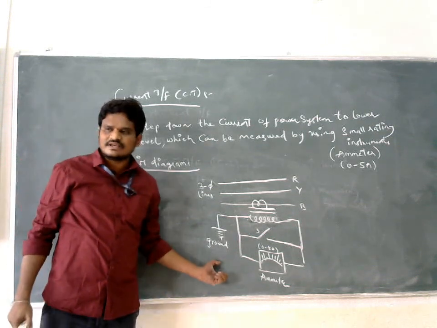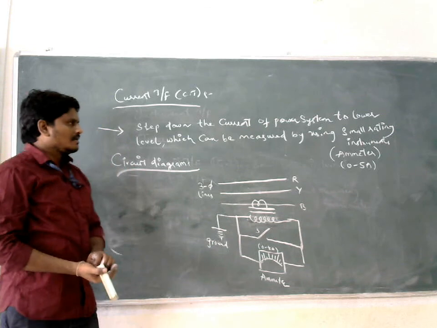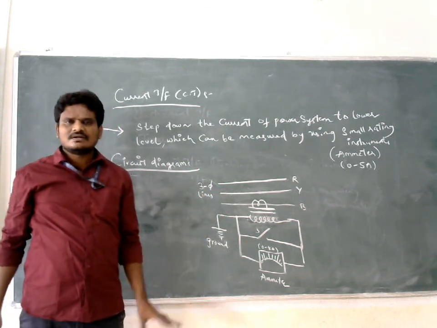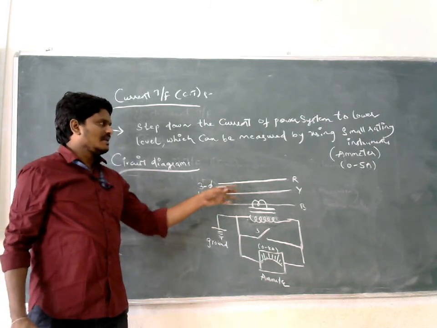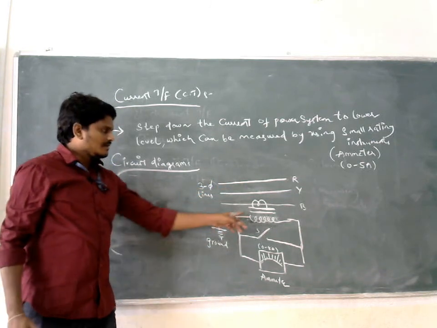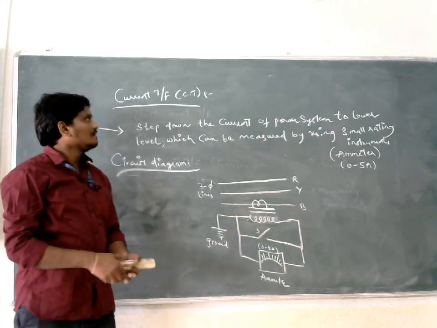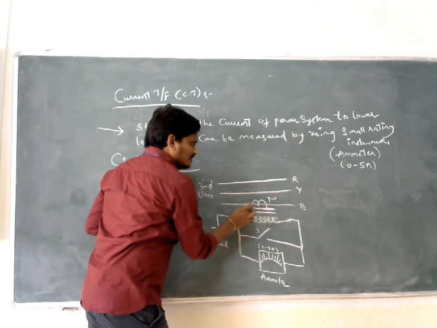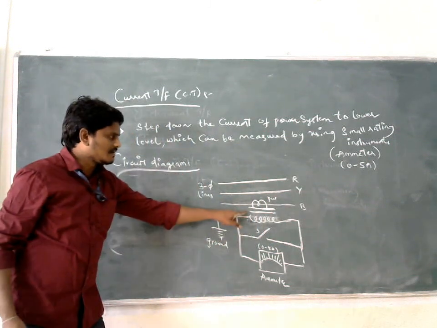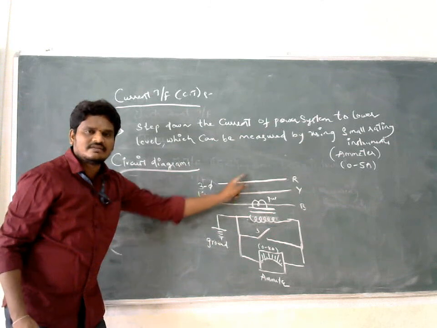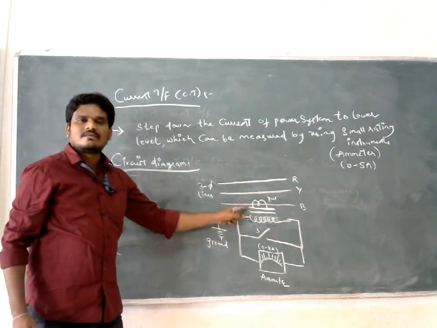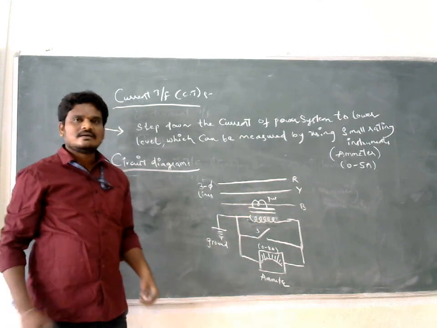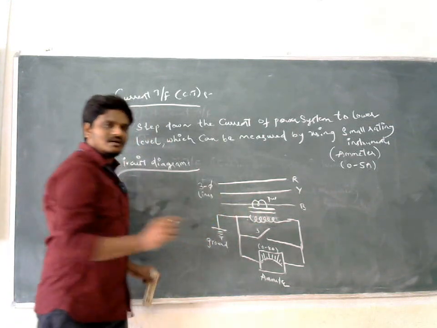Here these three lines R, Y, B are nothing but a power circuit. Now coming to the current transformer, the primary winding of a current transformer is connected to any one of the lines.